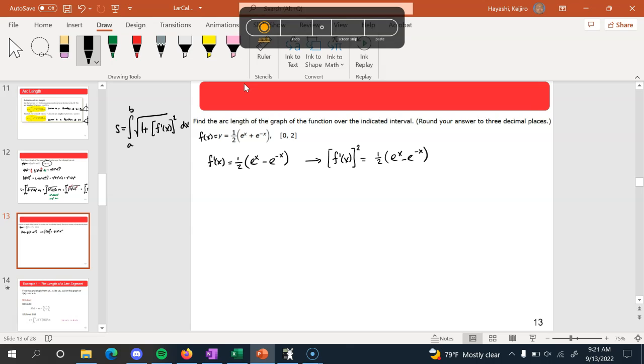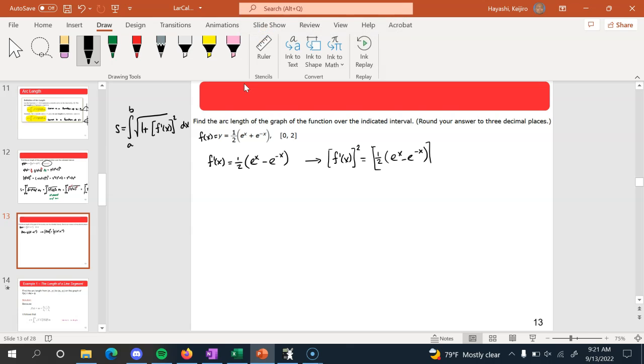Or it will be once it's actually done. Okay. Squaring 1/2 gives you 1/4. And squaring a binomial, every time, a plus b squared, you're going to get a squared, you're going to get 2ab, and you're going to get b squared.